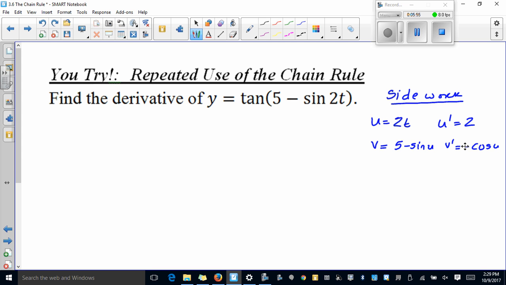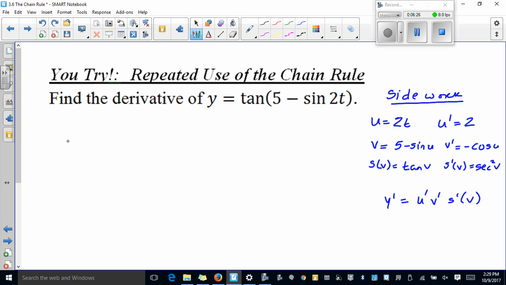And then we have y, or you can write s of v, is tangent of v. So s prime at v is going to be secant squared of v. And our derivative is going to be u prime, v prime, s prime at v.